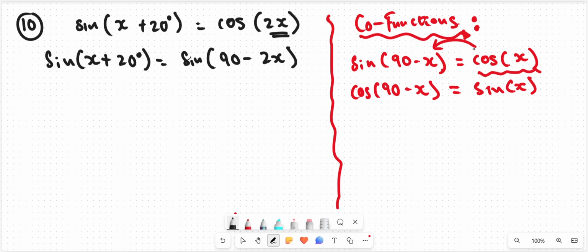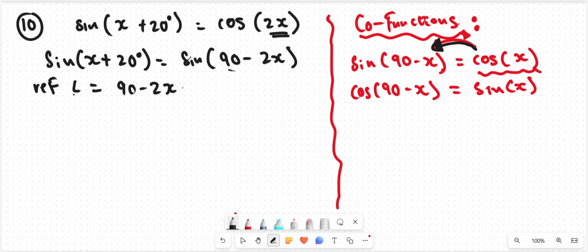So really I have a cos, and I'm writing it as something that looks like that with the sine. And why am I doing that? Because now I can use what I've been doing for the 2 previous examples, and that says if the sines are the same, my reference angle is actually this 90 minus 2x. And now I have my reference angle.